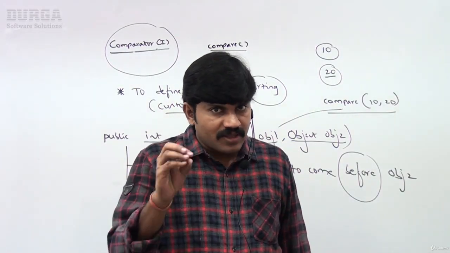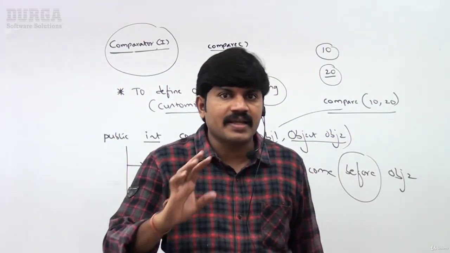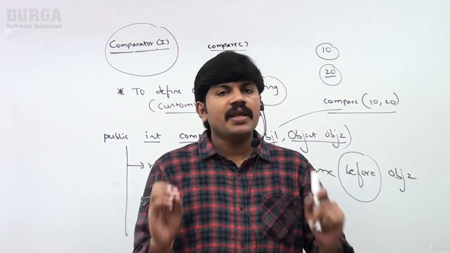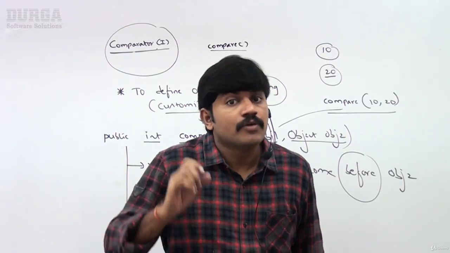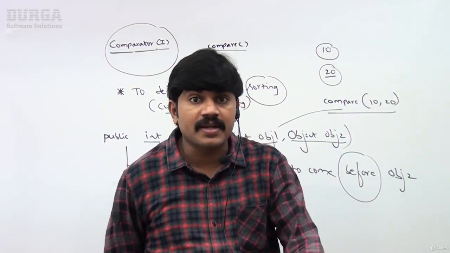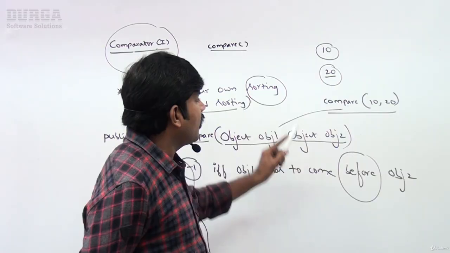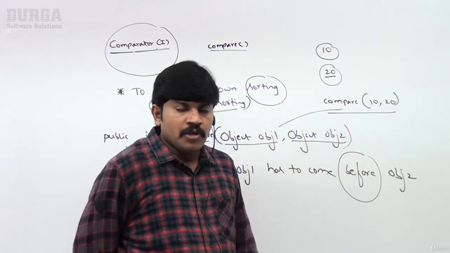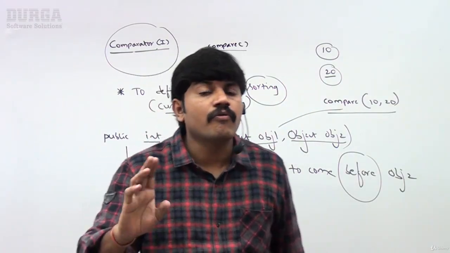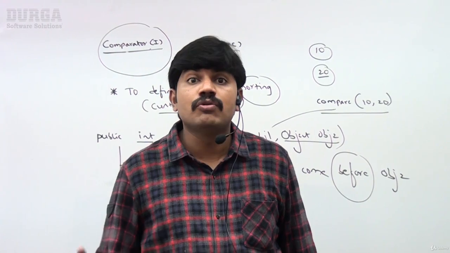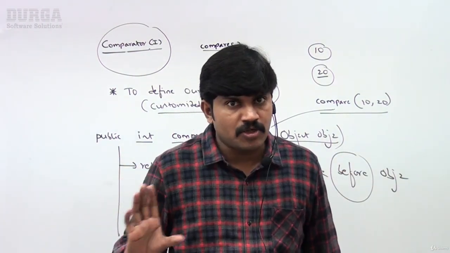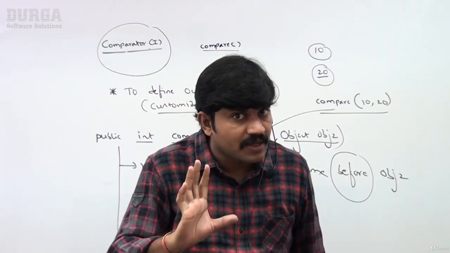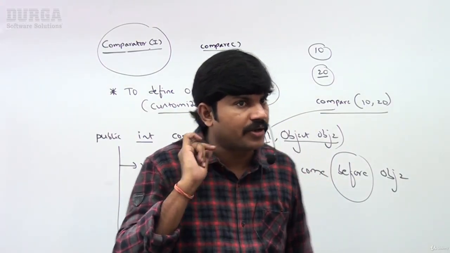For the list case, the set case, the map case, wherever we define our own sorting order, we use the Comparator concept. In the collection framework you have to explore much more, but my concentration is only on lambda expressions.